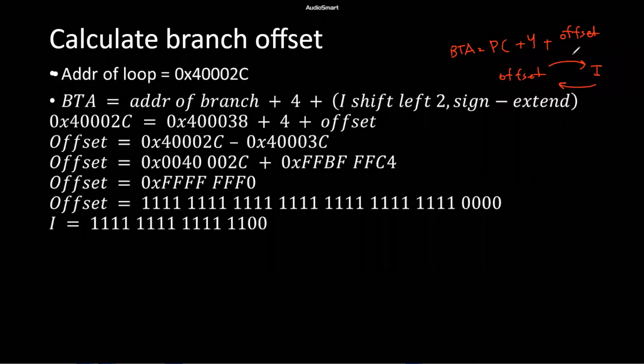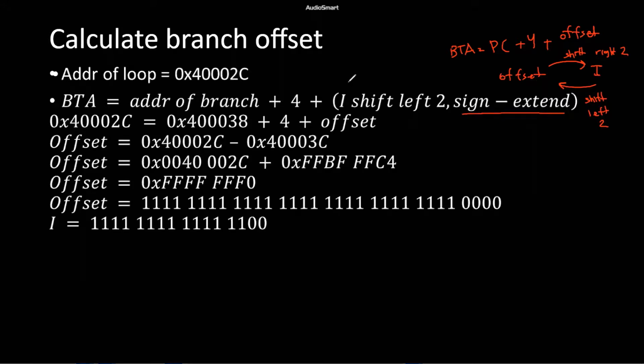Offset to I, you are shifting to the right by 2. I to offset, you are shifting to the left by 2. So I is 16 bits, offset is 18 bits. And then, of course, when you're using the formula, you have to do sign extend.